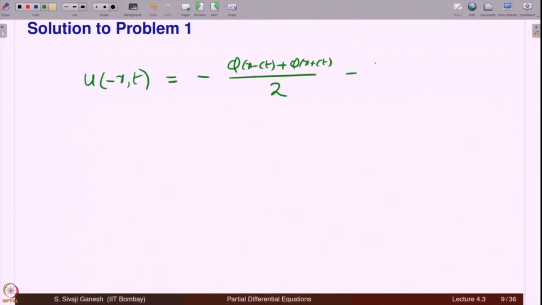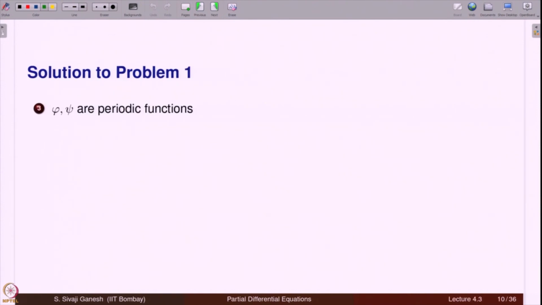This is the first term, and then we have minus 1 by 2c times the integral from x minus Ct to x plus Ct of psi tau d tau, which is precisely minus u of x comma t. Therefore, if the data is odd, the solution is odd at all times.